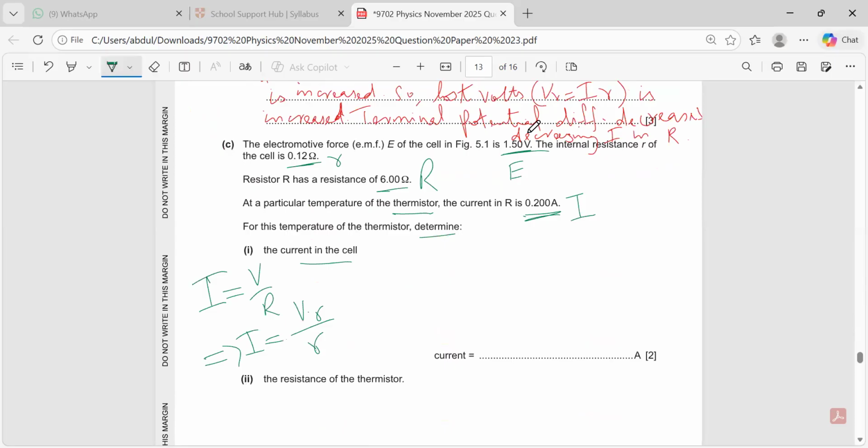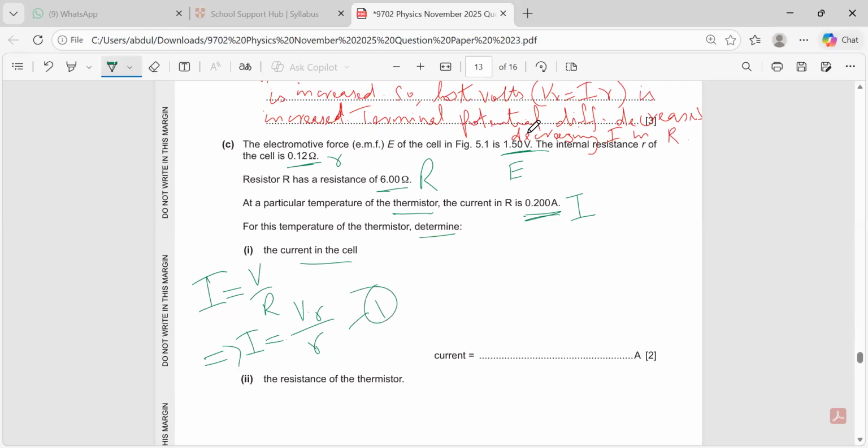Okay, so now, my dear friends, V_R. This is equation one. 2 marks are there.